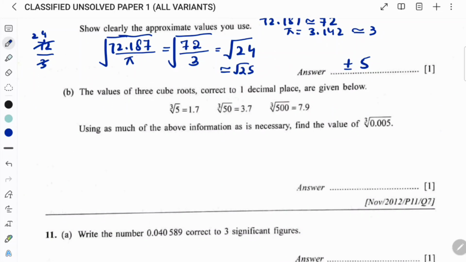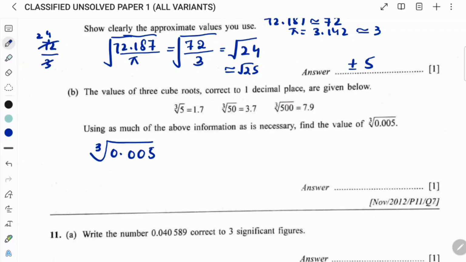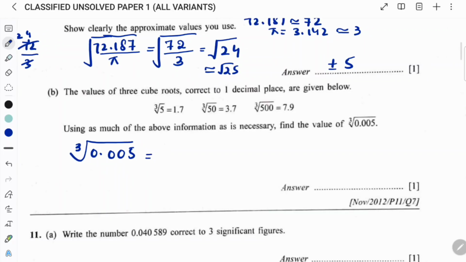All right, the values of the three cube roots correct to one decimal place are given. Cube root of 5 is 1.7, cube root of 50 is 3.7, cube root of 500 is 7.9. Using as much of the above information as is necessary, find the value of the cube root of 0.005. You know that 0.005 is 5 divided by 1000, so it is the cube root of 5 divided by 1000.